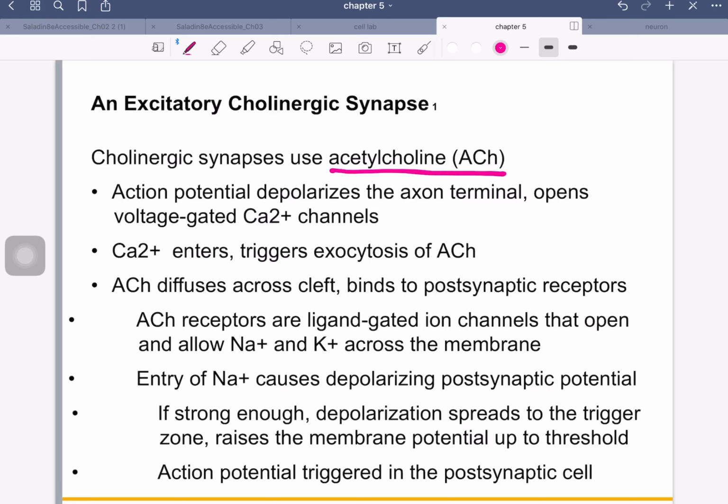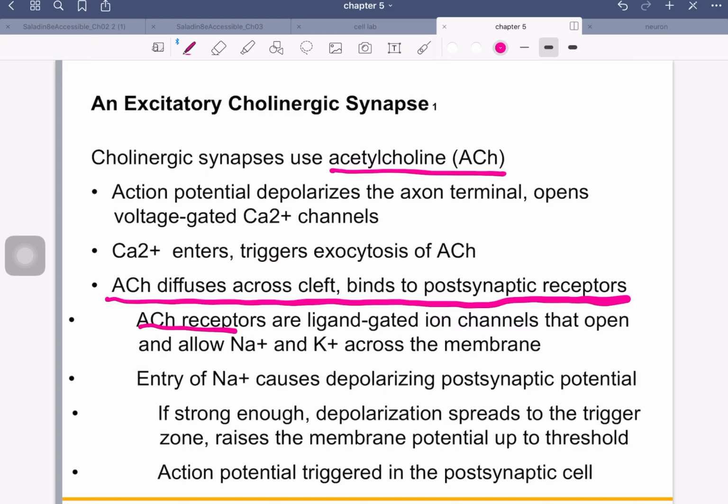Typically what happens is an action potential comes down the axon terminal. It opens a voltage-gated channel for calcium. Calcium enters the cell and causes the release of the ACh. And ACh will diffuse across the synapse. So ACh diffuses across the cleft and binds to the postsynaptic receptor.